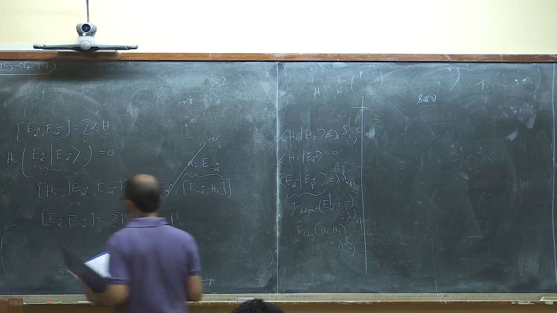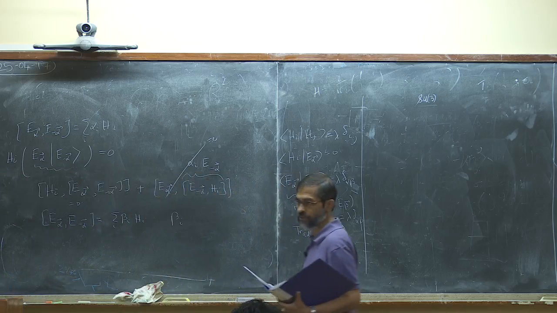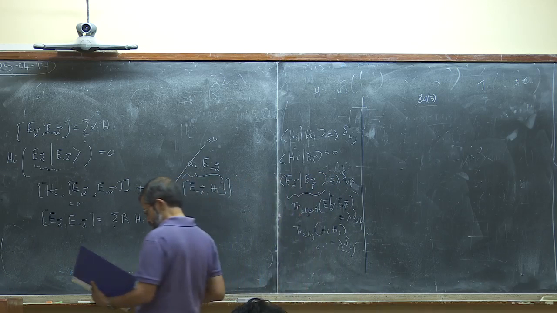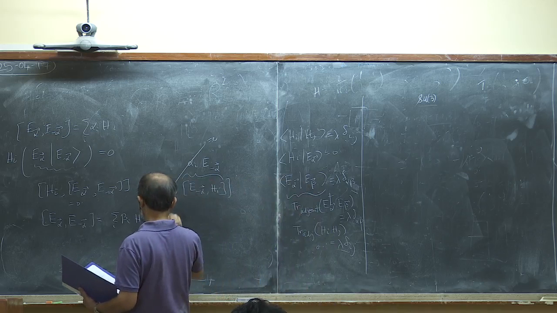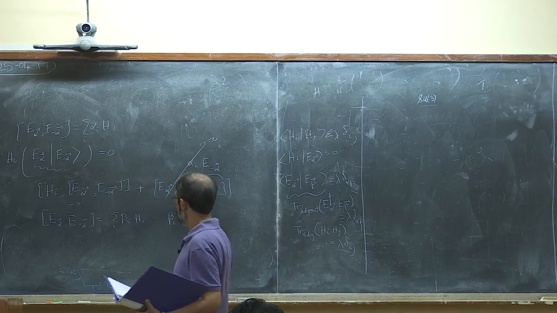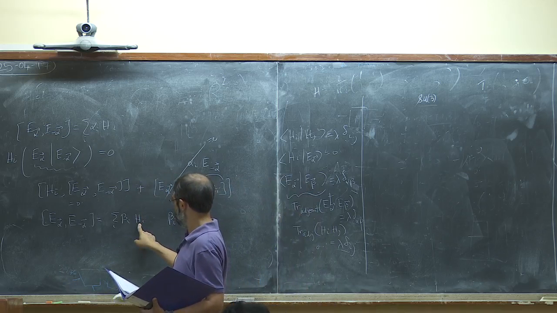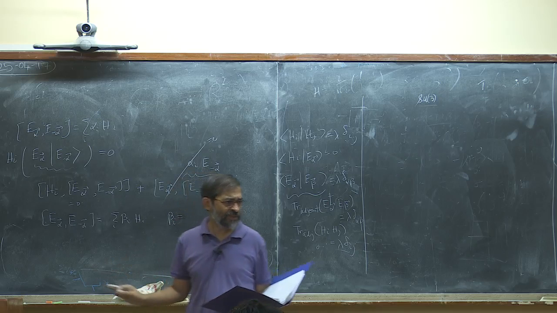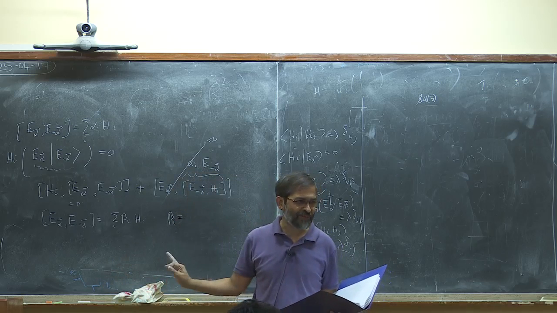Inner product means trace in the adjoint representation. That's what I have to do. The H's are normalized only up to a constant, so for this purpose let me just ignore this and set lambda equal to 1.